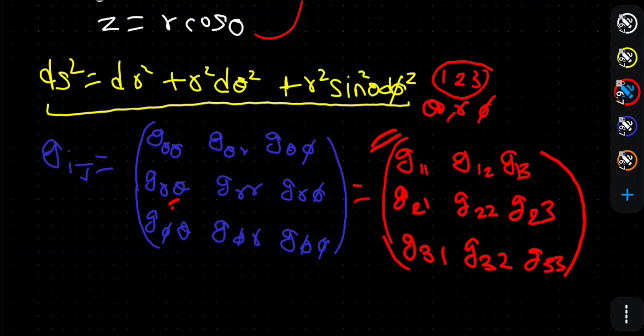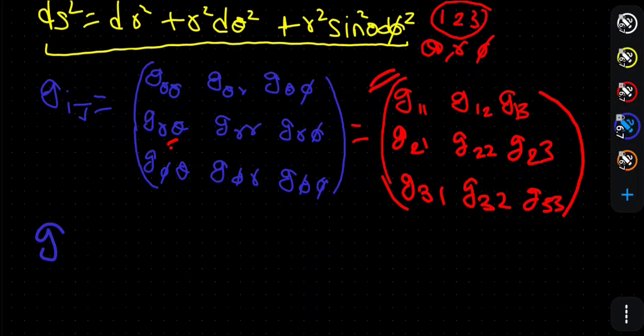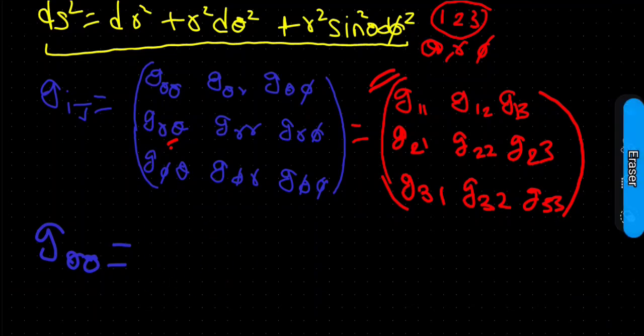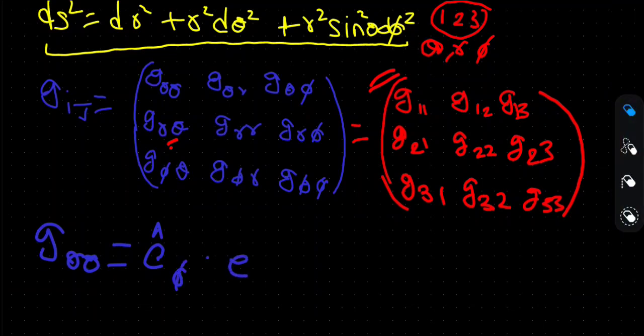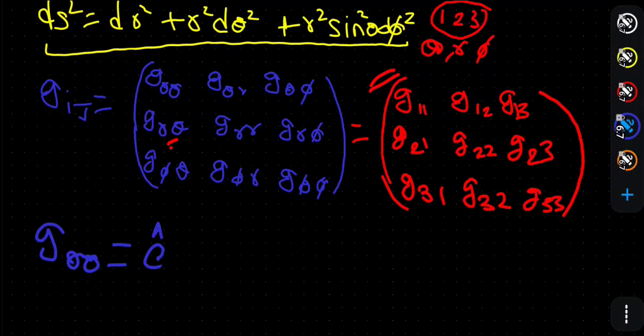You will ask why I have written this. If you know the basic definition, g theta theta means the e theta basis vector dotted with itself.